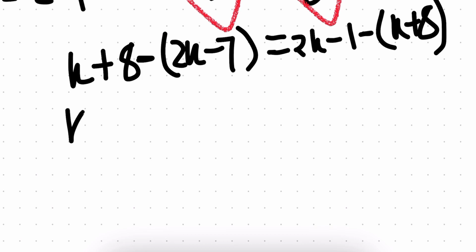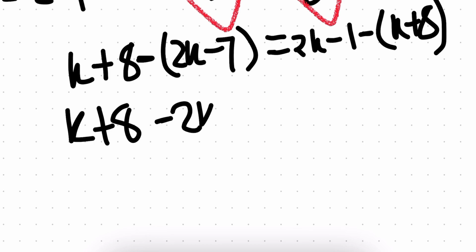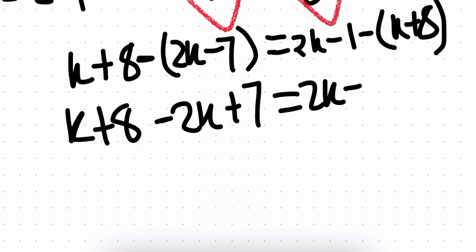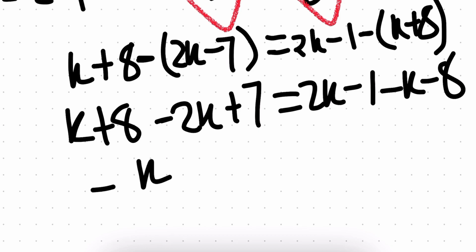Let's drop this here. k plus 8 minus 2k plus 7 equals 2k minus 1 minus k minus 8. Then it will be literally 2k minus k this side, 7 plus 8, that's plus 15, because 8 plus 8 is 16 minus 1, that's 15.